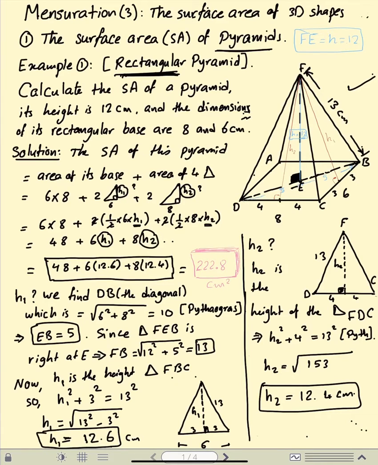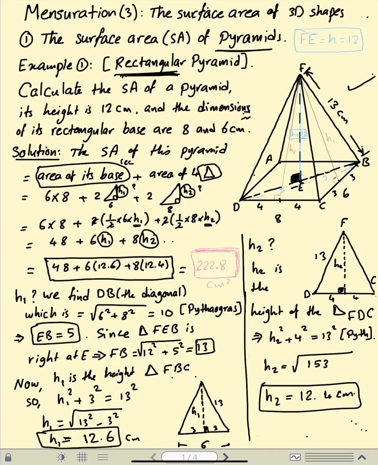So the total surface area of this pyramid is the area of its base, which is a rectangle, easy, and 4 triangles. But these 4 triangles are 2 pairs of triangles as well, because in the rectangle each 2 opposite sides are equal and parallel.